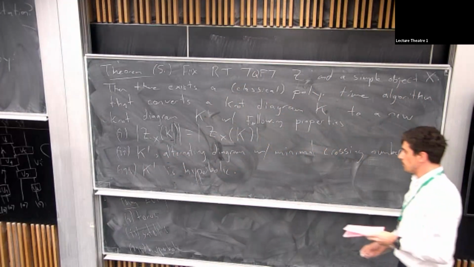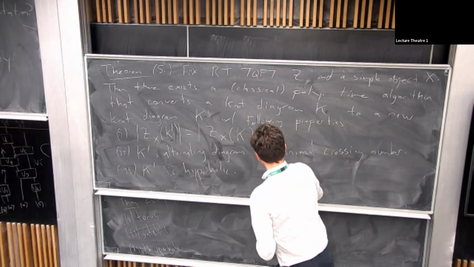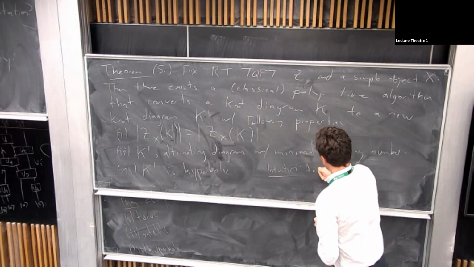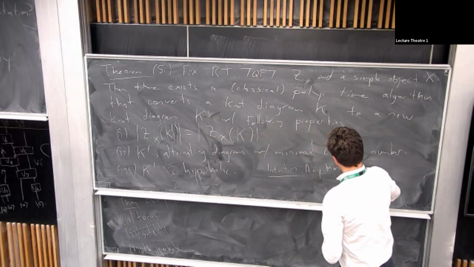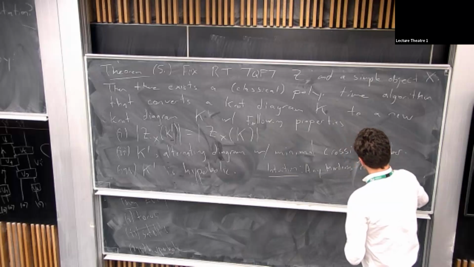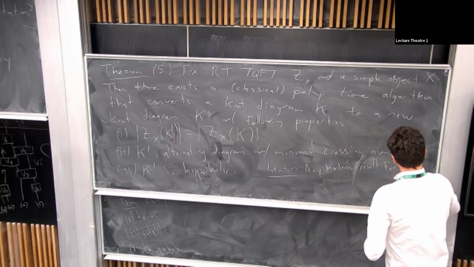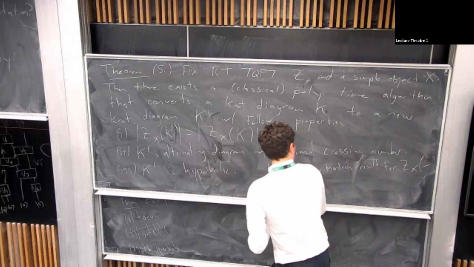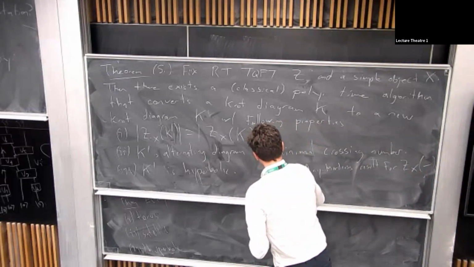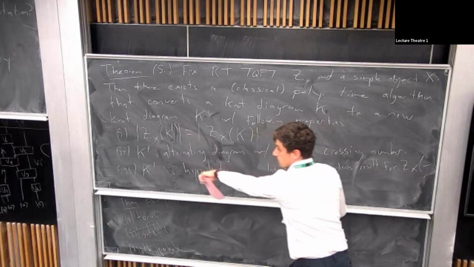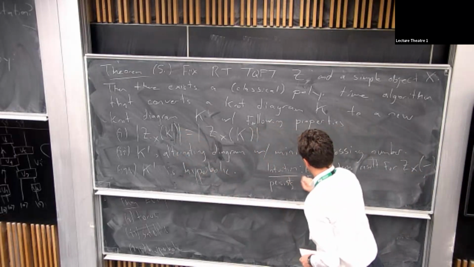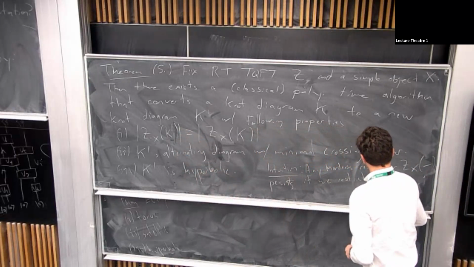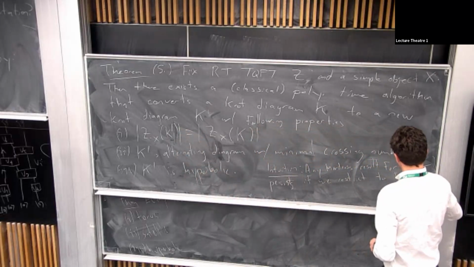So the intuition is that any hardness result for this Z,X considered as a function on knot diagrams persists if we restrict to these particularly nice hyperbolic diagrams.